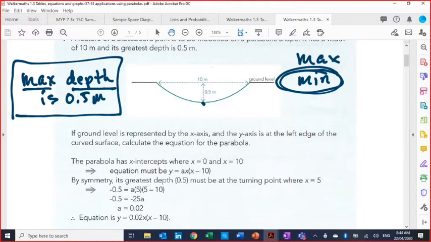So you can use the terminology both ways. It is a minimum, but you can also discuss it as maximum depth because this word tells you that it's down. It's the furthest down you can go. So a minimum is also the same as a maximum depth.